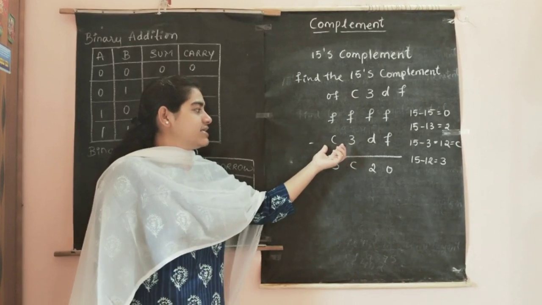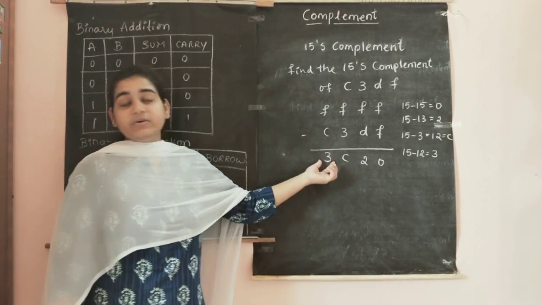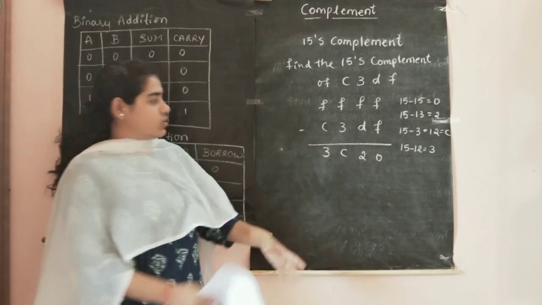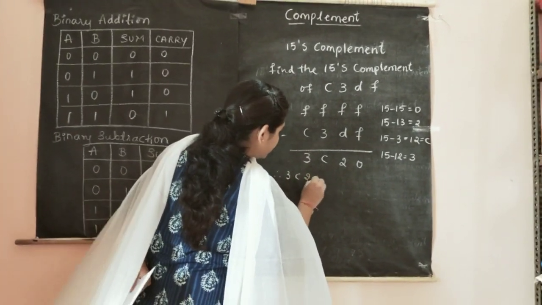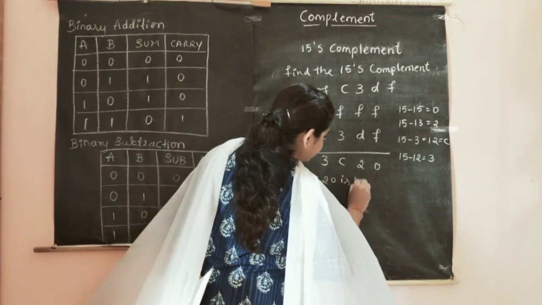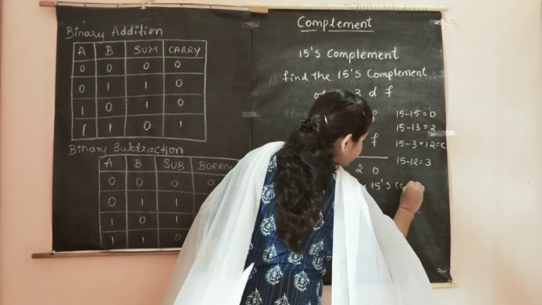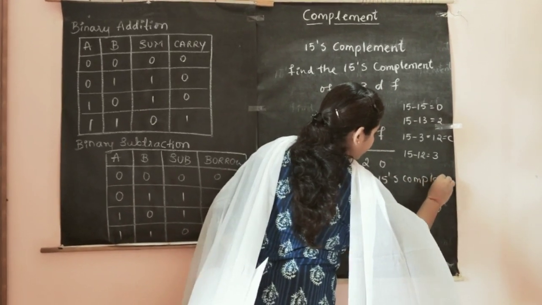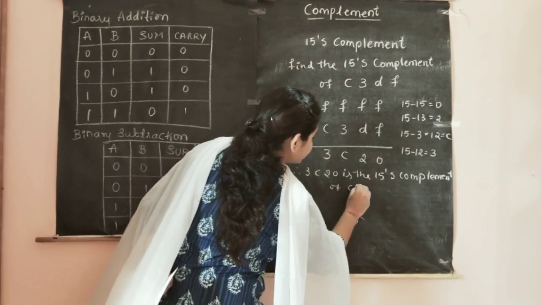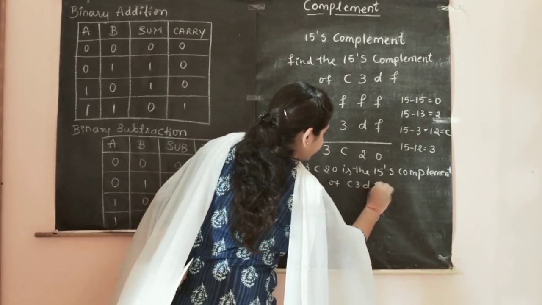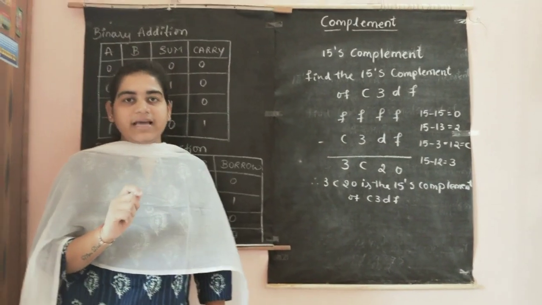And F minus C, that is F minus 12, will give the value 3 here. So therefore, 3C20 is the 15's complement of the given number C3DF. This is about the 15's complement calculation.